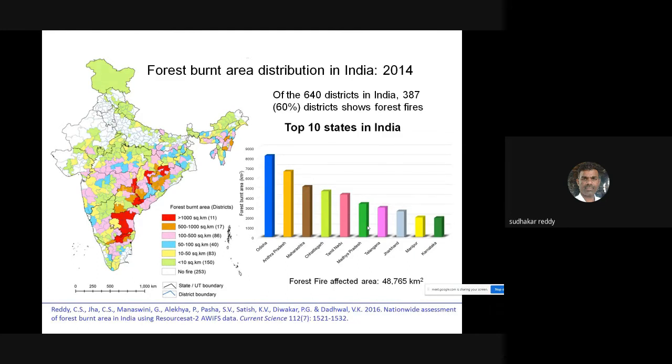At the state level, Odisha was affected by the highest amount of fire affected area, followed by Andhra Pradesh, Maharashtra, Chhattisgarh, Tamil Nadu, and Madhya Pradesh. Overall, this work reported around 6-7% of the forest area affected by fires during the year 2014.